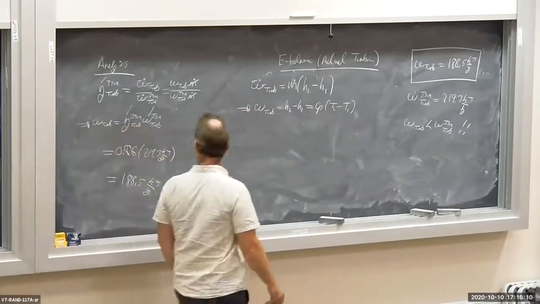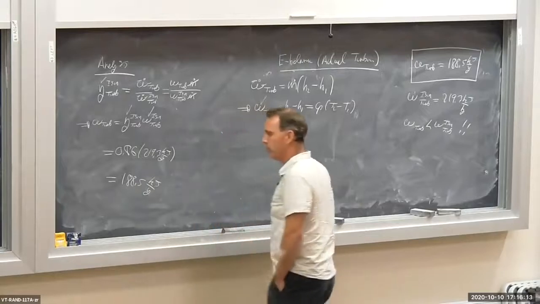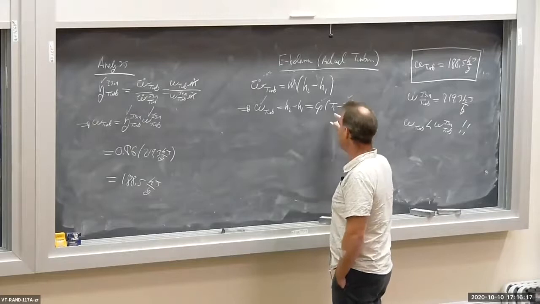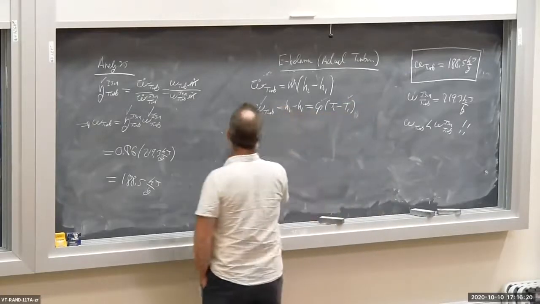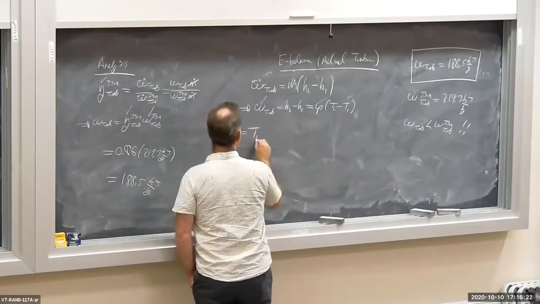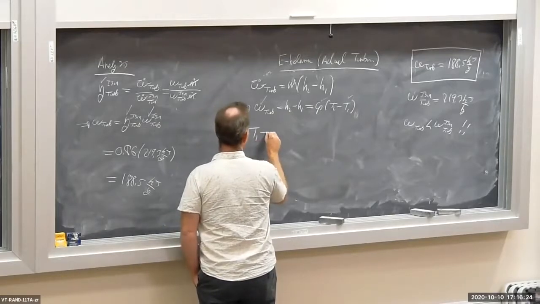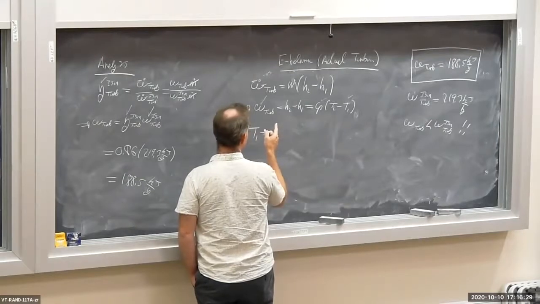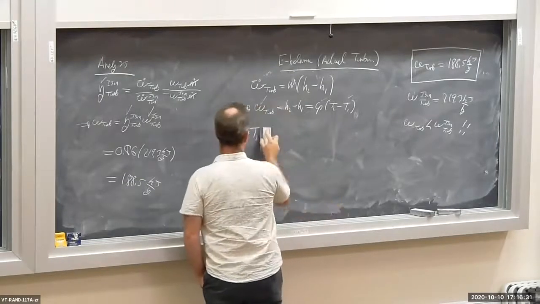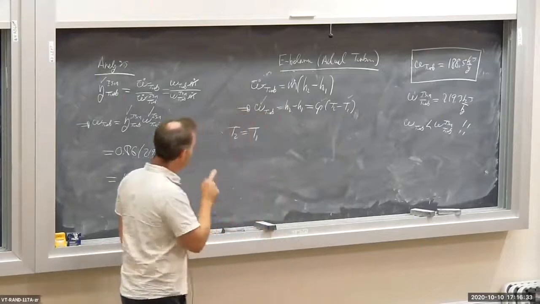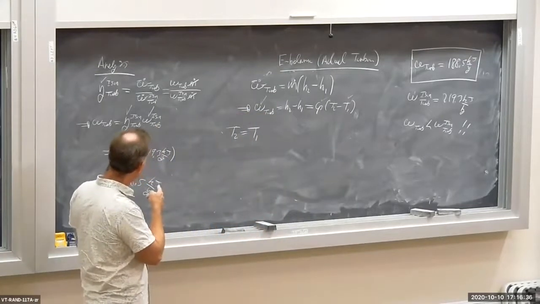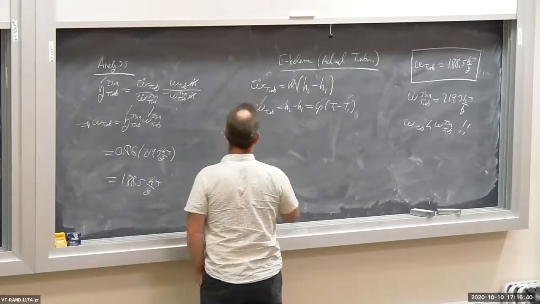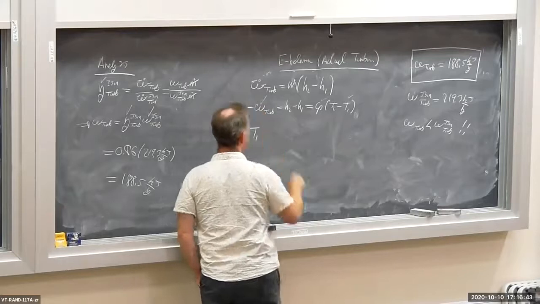Now, I have W for the turbine. It's 188 kilojoules per kilogram. I have a specific heat, and I also have T1, so I can solve for T2. Oh, I think I forgot the negative sign here. There is a negative sign right there.